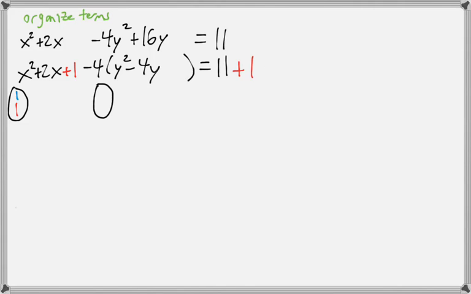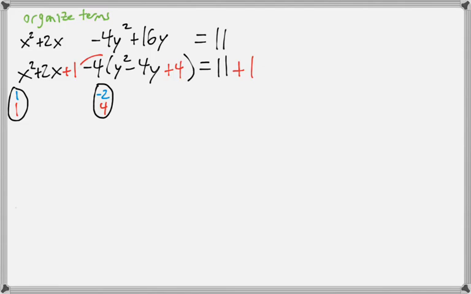With the y's, half of -4 is -2, and if I square that, I get +4. So I'm going to add 4 here, but I'm not going to add 4 over here, because I'm actually not adding 4 here. That sounds kind of weird to say.